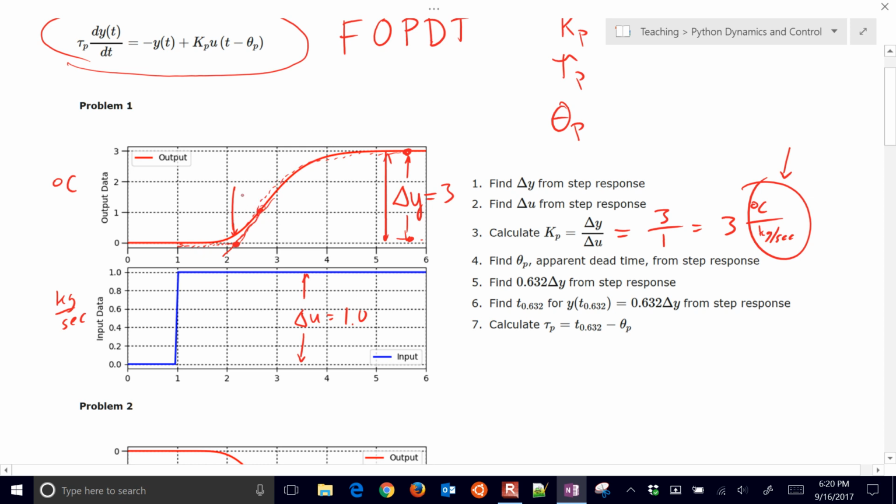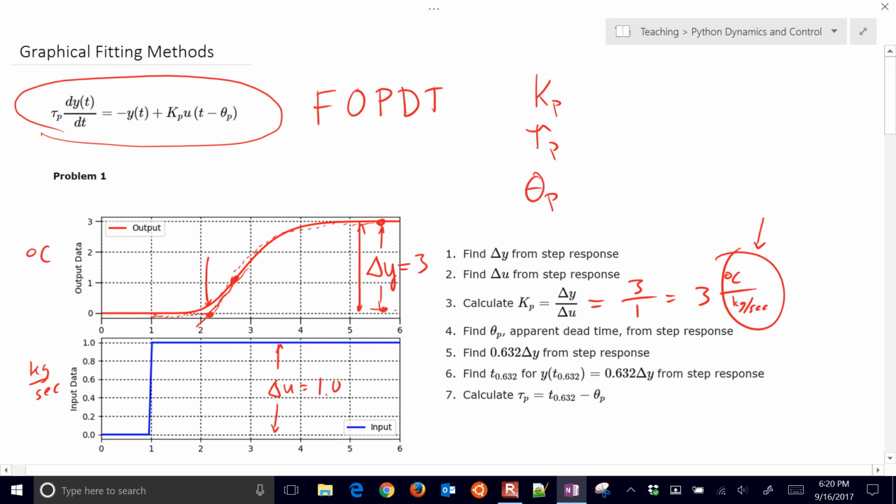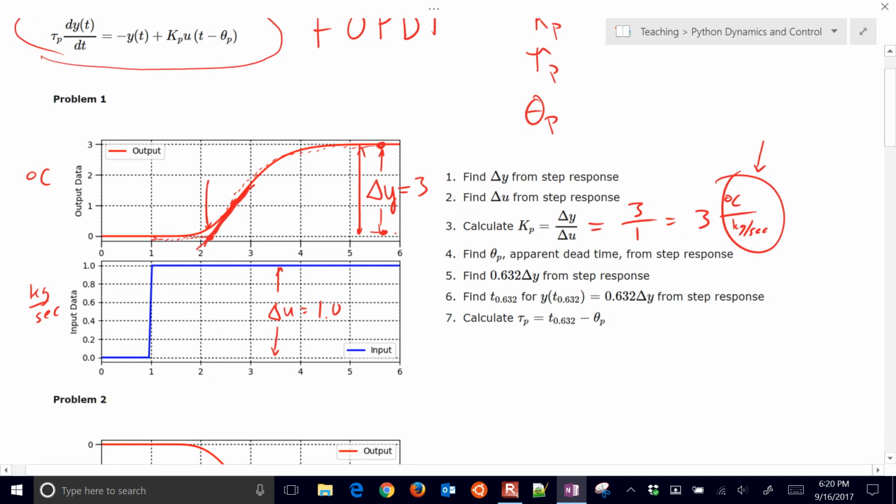We tolerate a little bit of error in this region by looking at the tangent line, because we are approximating this with an exponential approach to the new steady state. The dead time is from where the input started to where you meet the starting point of the response.